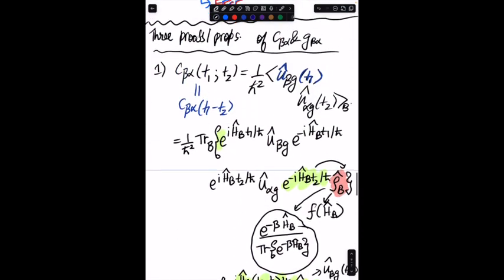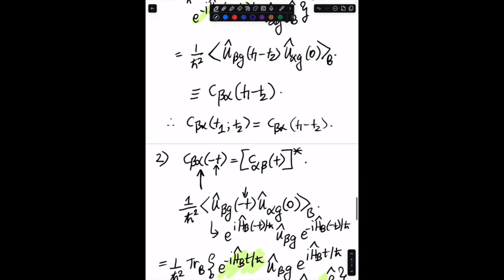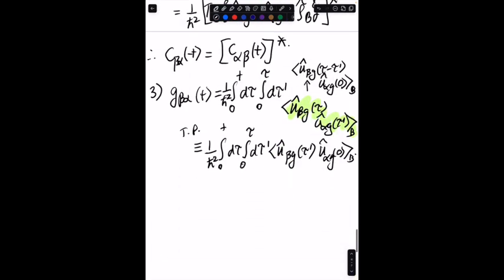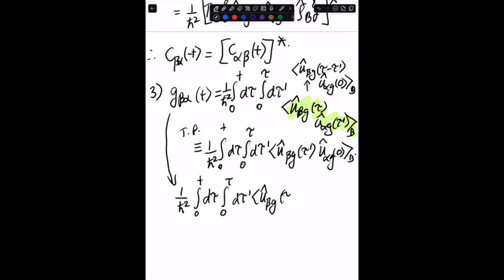You just have to introduce these time evolution operators and these time reversal operators, and then this result is very straightforward to prove. Then from here, we have 1 upon h bar square, 0 to t, d tau, 0 to tau, d tau prime of u hat beta g tau minus tau prime, u hat alpha g 0, trace for the Bath.